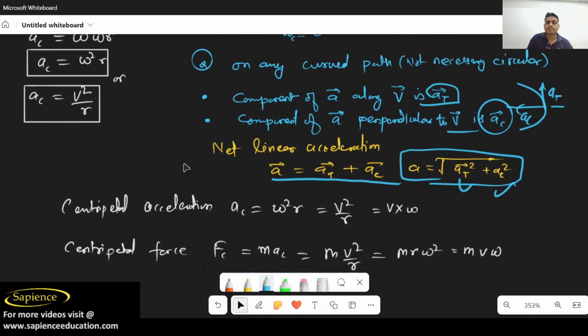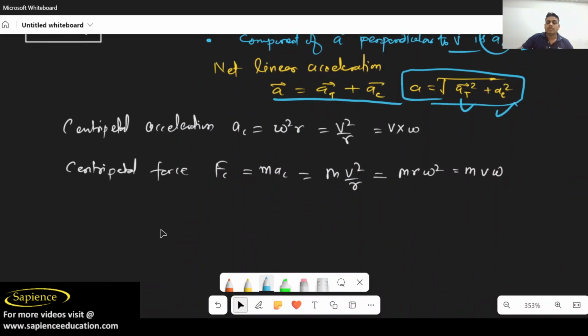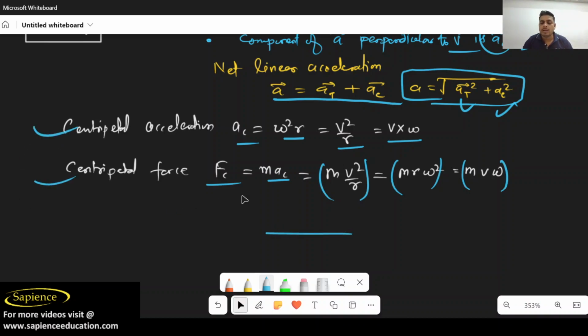Now centripetal acceleration is omega square r, or v square by r, or v cross omega. Centripetal force can be written as mass times centripetal acceleration, or mv square by r, or m r omega square, or mv omega. These things should be memorized.